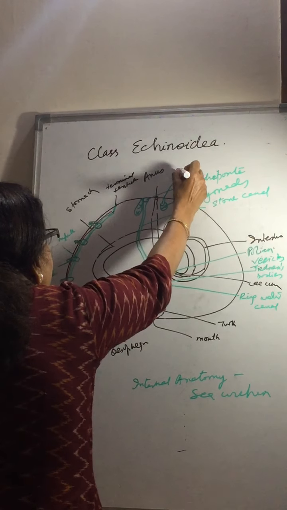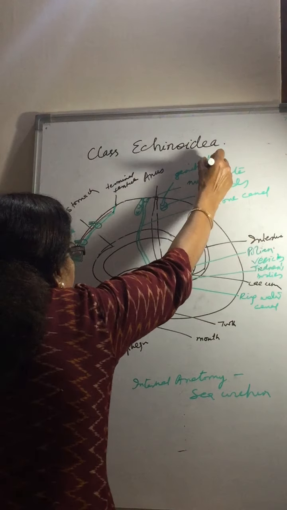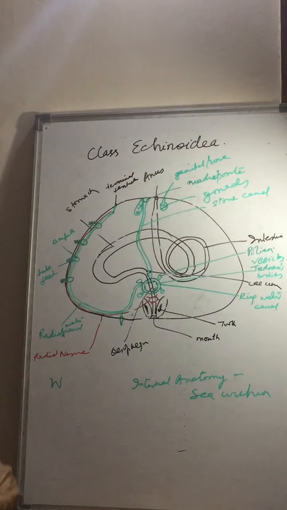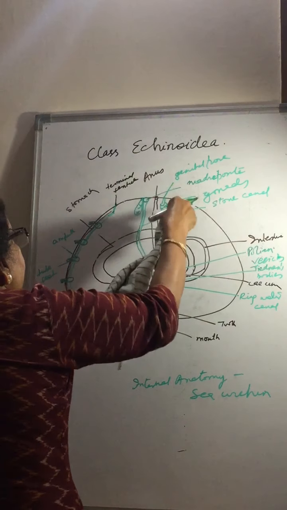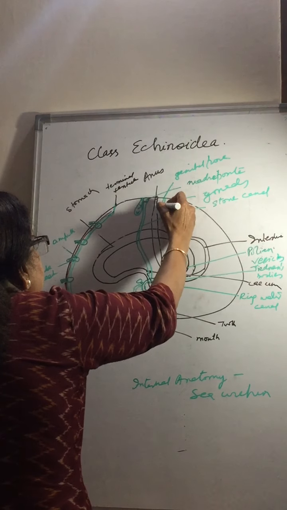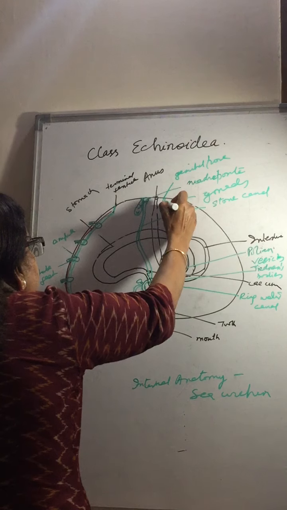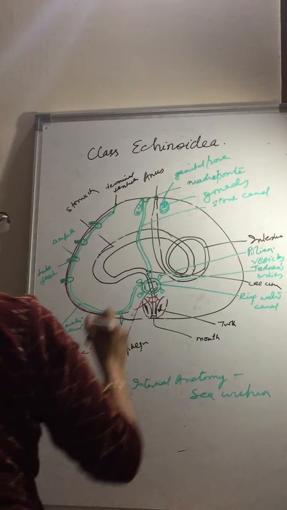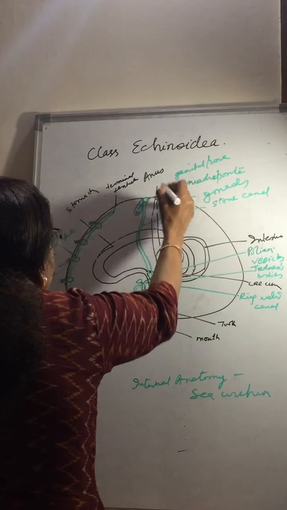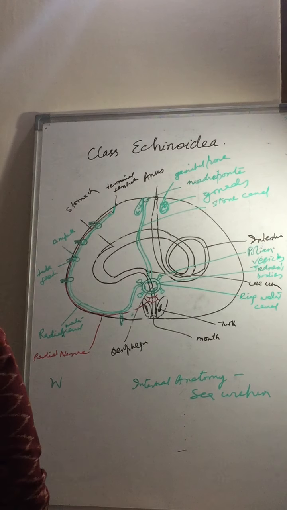So this is the genital pore which is there. Alright, so we have to draw the gonads slightly more properly. They open to the outside by the genital pore.